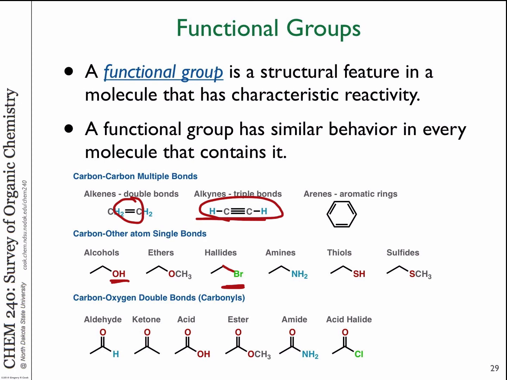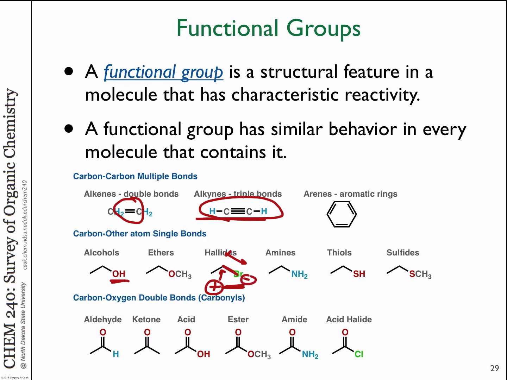Weaker. It's weaker. It's also, very importantly, polarized. The bromine is significantly more electronegative, so this bond is polarized towards the bromine. That means the carbon has a partial plus charge, and the bromine has a partial negative charge.